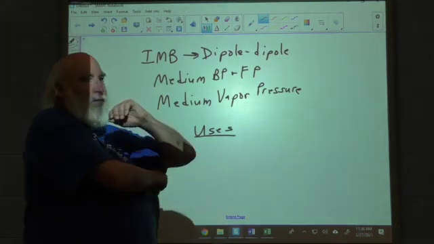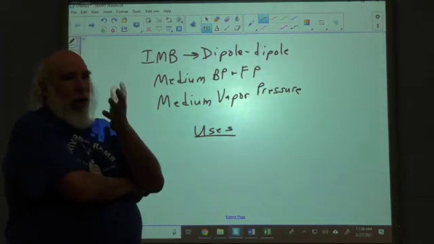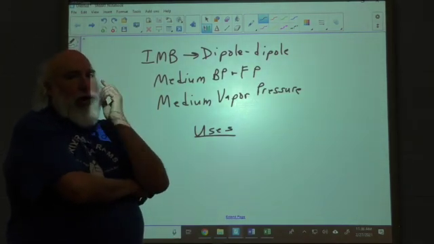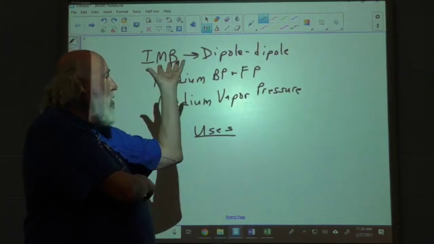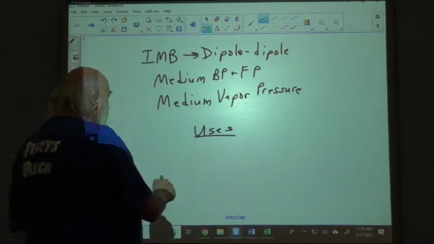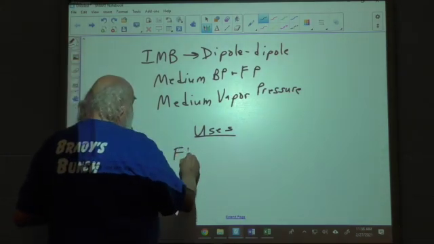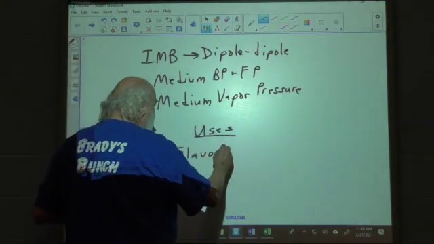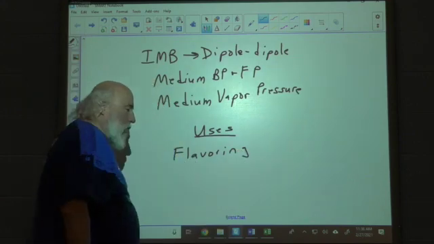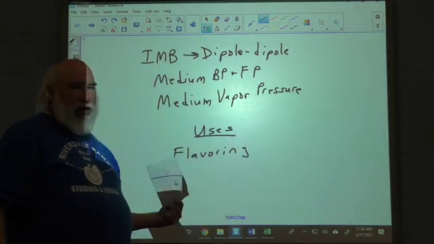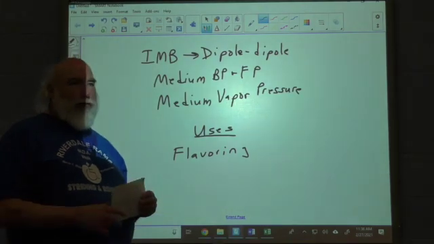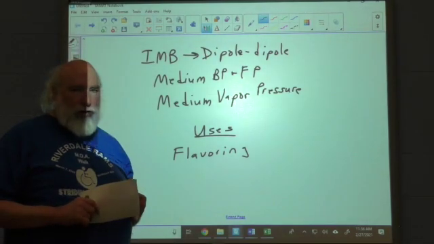A lot of the smells, these, shall we say, synthetic smells that we use for candies and gums and all that, are usually esters. So we'll just put flavoring down as a very generic way of saying that's what we use it for. And like I said, the lab that we're going to do, we're going to be making these synthetic odors. Fruity smells. Lots of fruity smells.